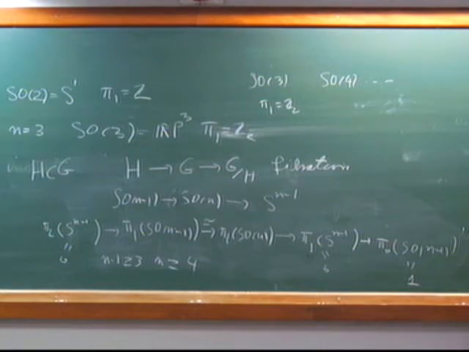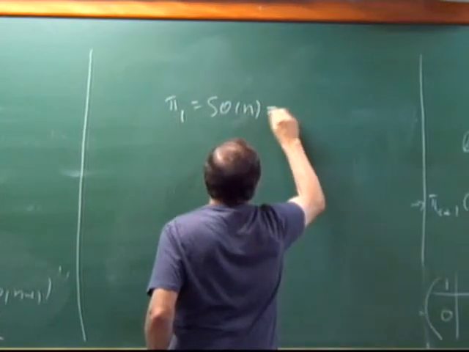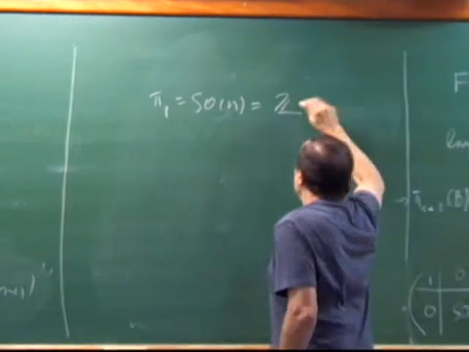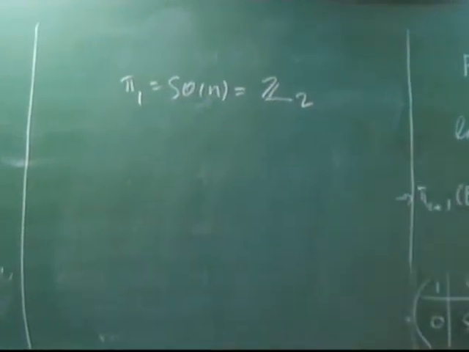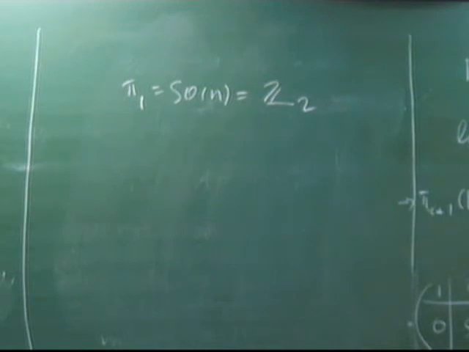So pi 1 of SO(n) is equal to Z2. So there must be a loop inside SO(n) which is non-trivial. So twice times it is trivial. So what does that loop look like? So it's a one-parameter family of rotations.